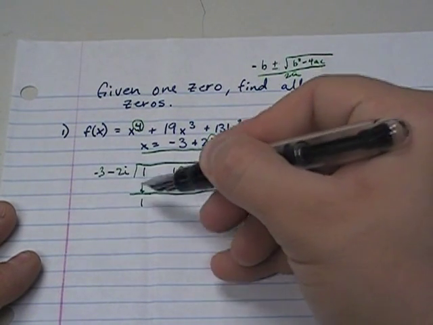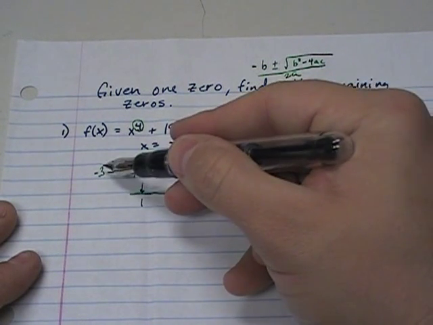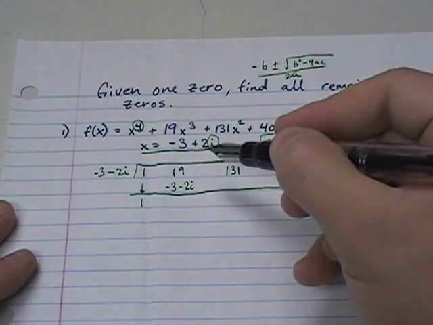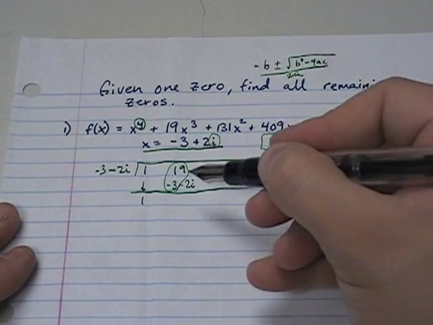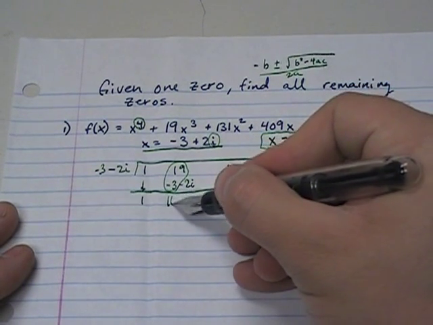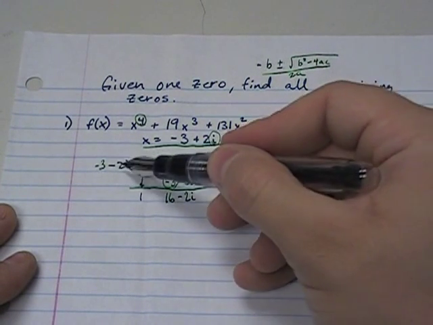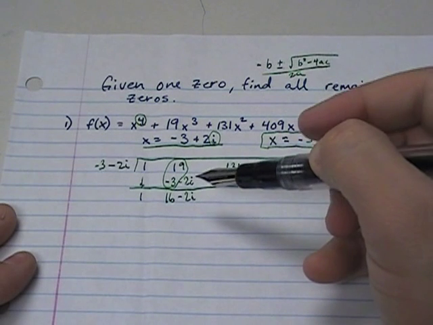Copy the 1 and then multiply. What is 1 times negative 3 minus 2i? Well, it's negative 3 minus 2i. Combine like terms, 19 minus 3, you get 16 minus 2i. Then you're going to multiply negative 3 minus 2i times 16 minus 2i.